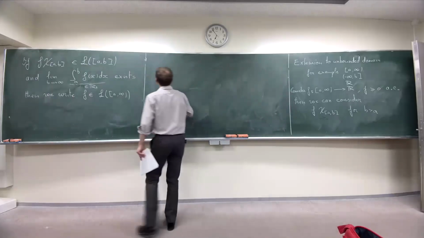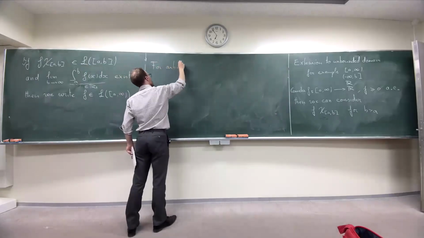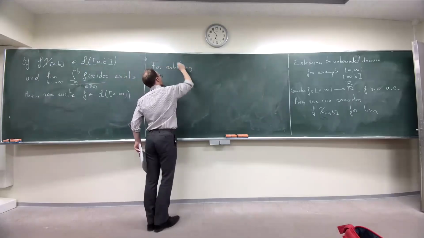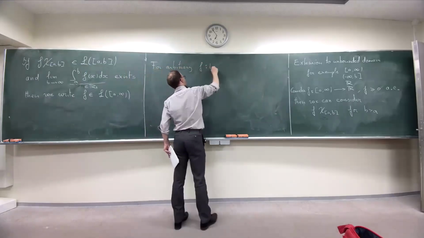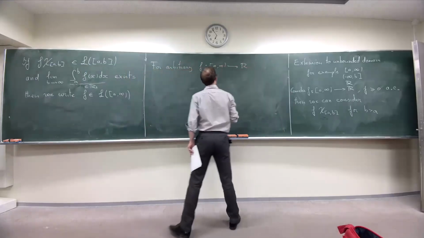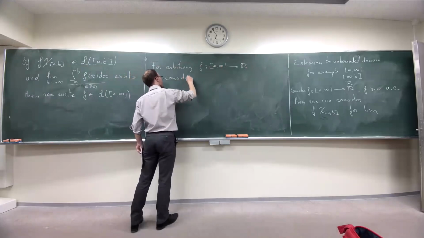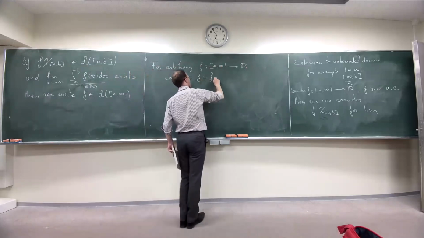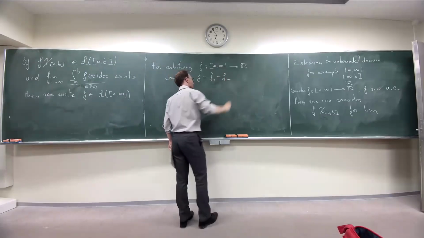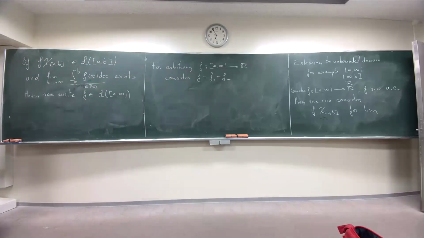So for an arbitrary f from A infinity to R, I'm not assuming it's positive. We consider f equal to f plus minus f minus. I defined the positive part and the negative part last week.